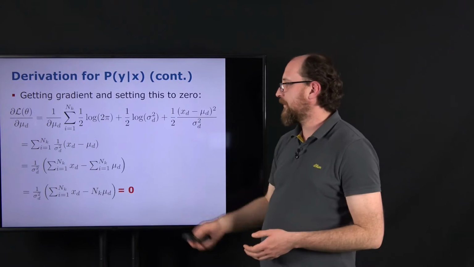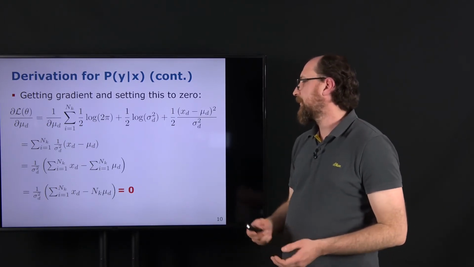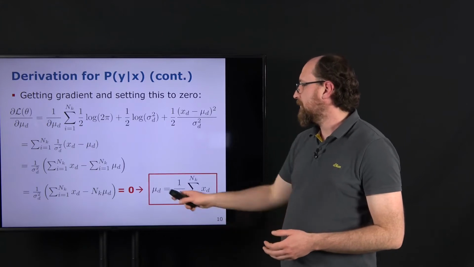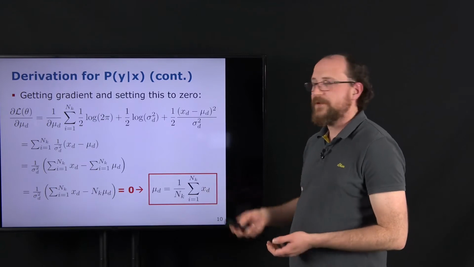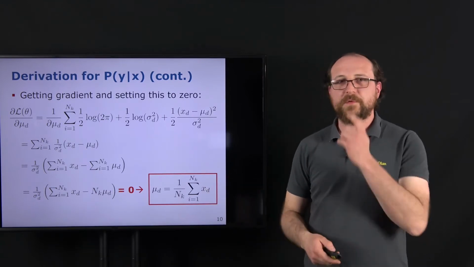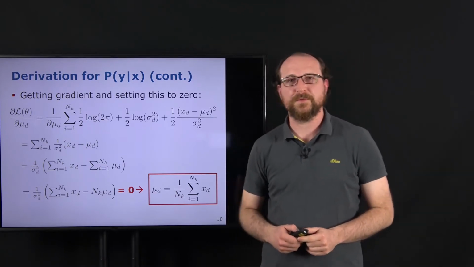So we set this to 0, and then by doing some algebraic transformations, we get in the end that mu is basically just the mean over all feature values, which should not be so surprising because we have specifically assumed a normal distribution.